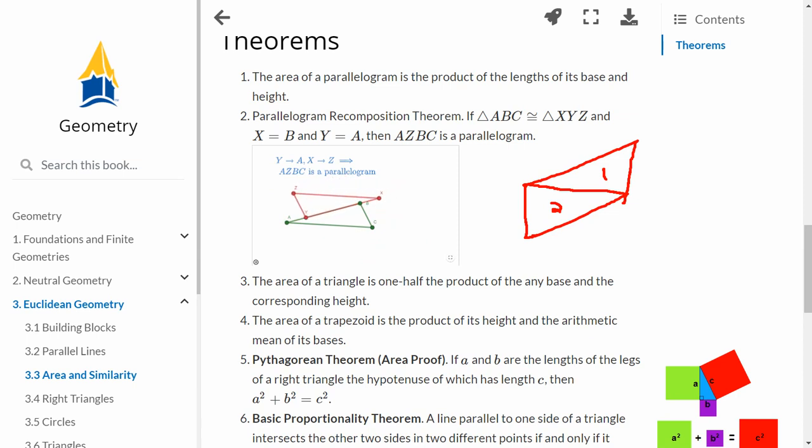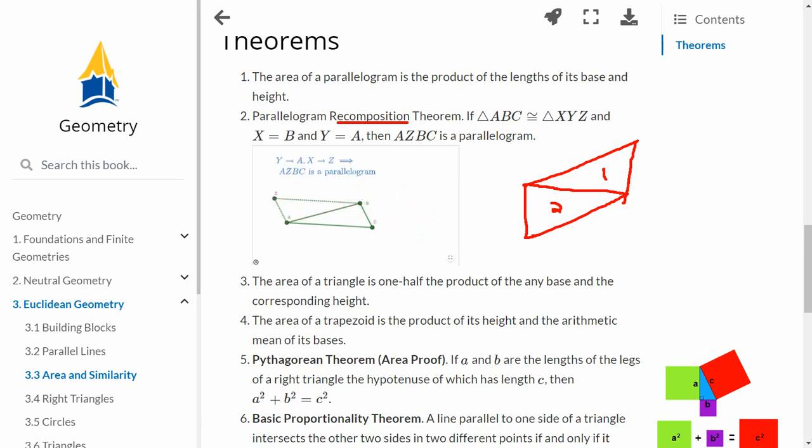Either diagonal will do this. Well, what is the recomposition theorem? I'll make it clear that the parallelogram decomposition theorem and recomposition theorem are my names. Nobody else uses this that I know of, but it's how I like to think of it because it shows you all the key properties of a parallelogram.